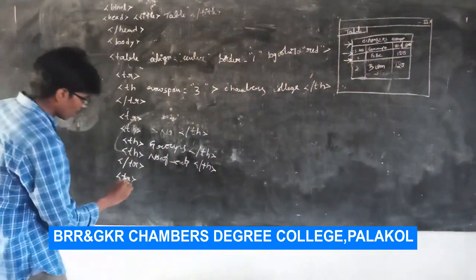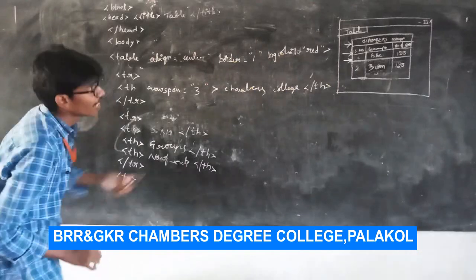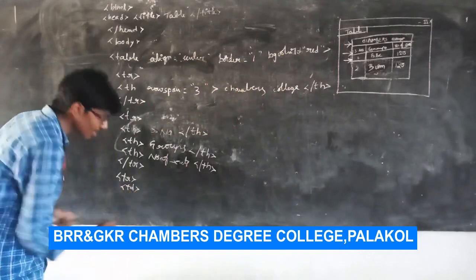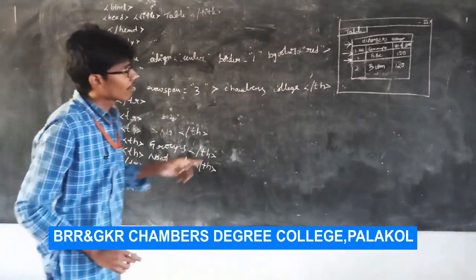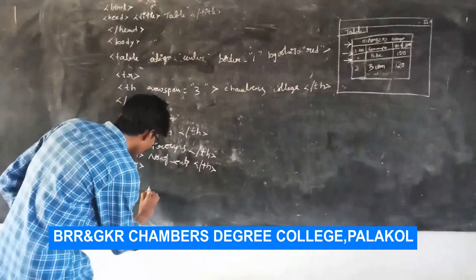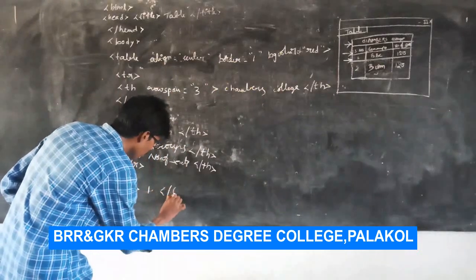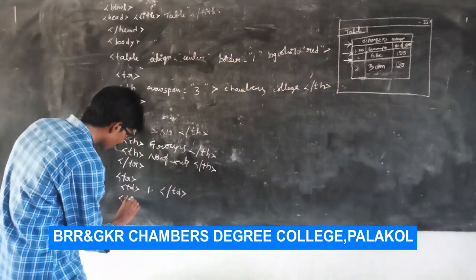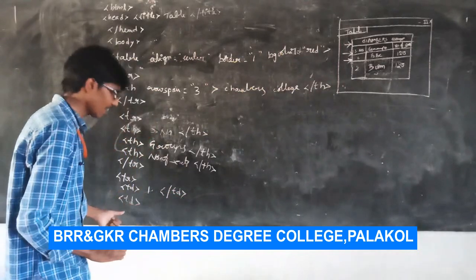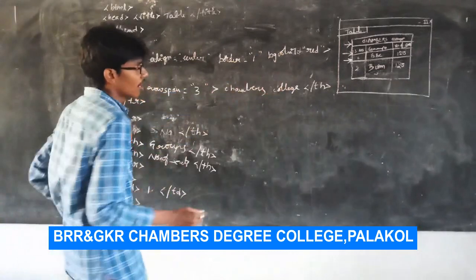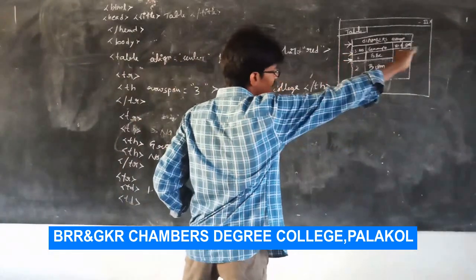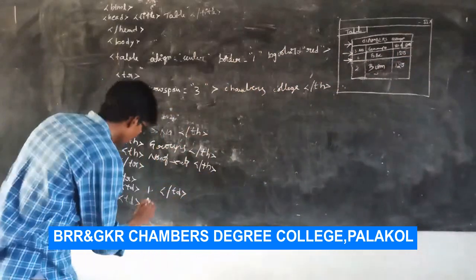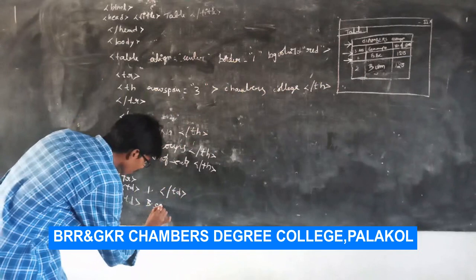After that, open table content, that is table data, using the tag TD. For this, mention the value here. Close the table data. Then there is another table data value, which is a horizontal value, meaning the row. That is BSC.